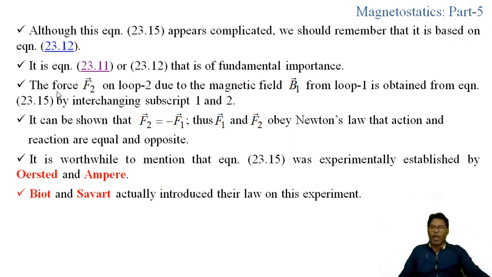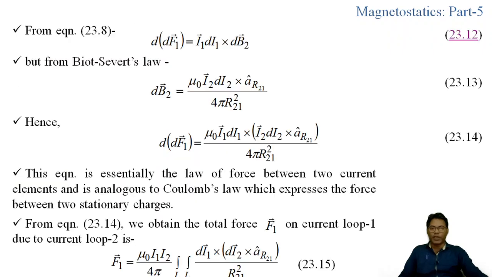Similarly, if we want to consider case 2, the force on the current element I2 dl2 due to the magnetic field produced by current loop 1, it will be just the opposite of the force F1. So F2 equals minus F1, and if we only change the subscripts in expression 23.15, we get the expression for F2.